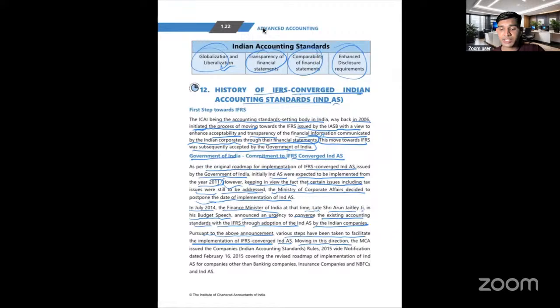Moving in this direction, the MCA issued the Companies (Indian Accounting Standards) Rules 2015 vide notification dated February 16, 2015, covering the revised roadmap of the implementation of Ind ASs for companies other than banking companies, insurance companies, and NBFCs.